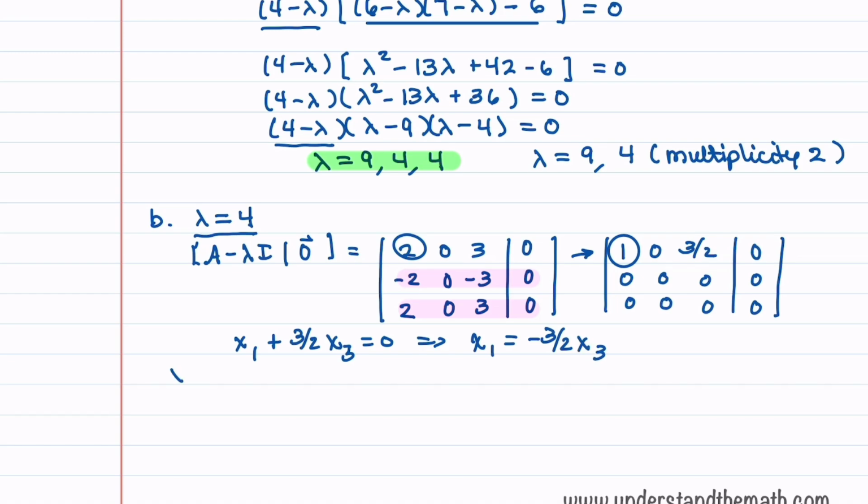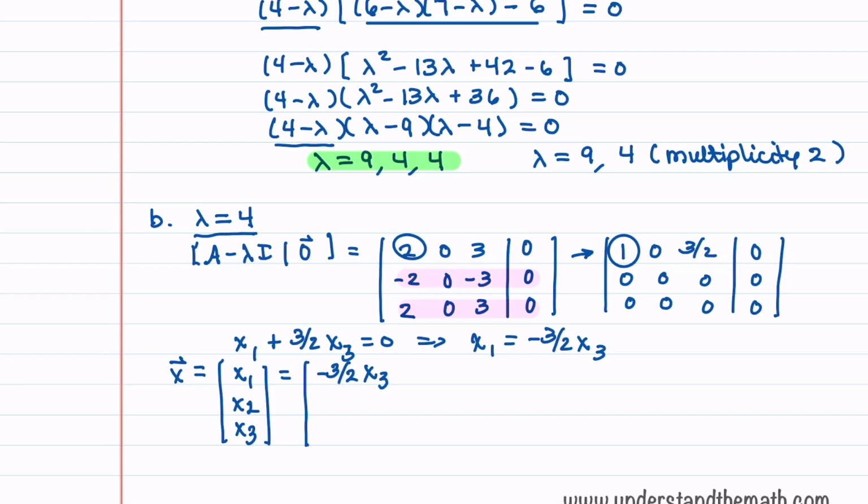Let's go ahead and form our vector x. There are 3 columns in A, so we have 3 entries in x. So we have x1, x2, x3. And then let's plug in. We have x1 is minus 3 halves x3. And now we have to figure out what to do with x2 and x3.